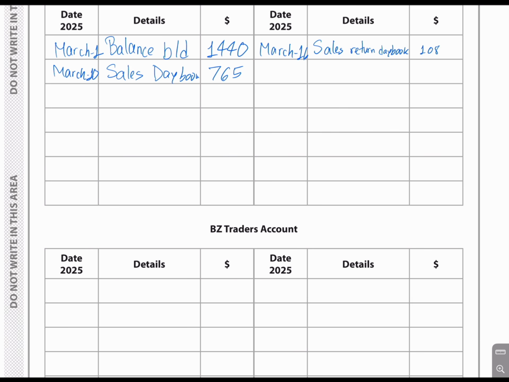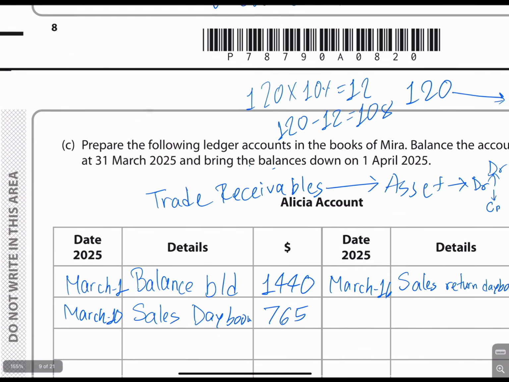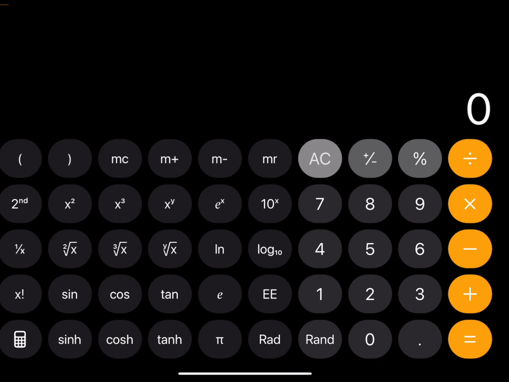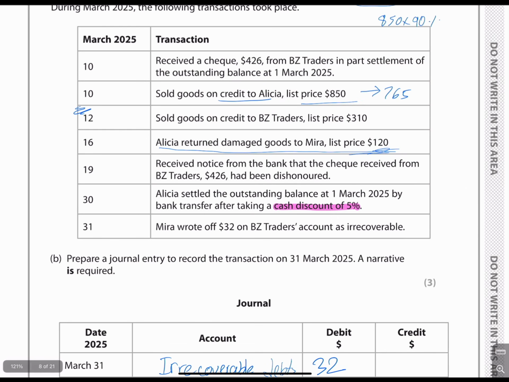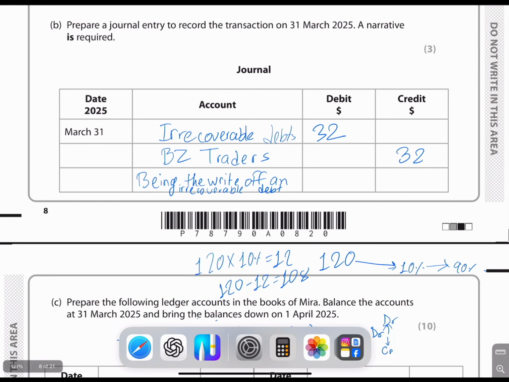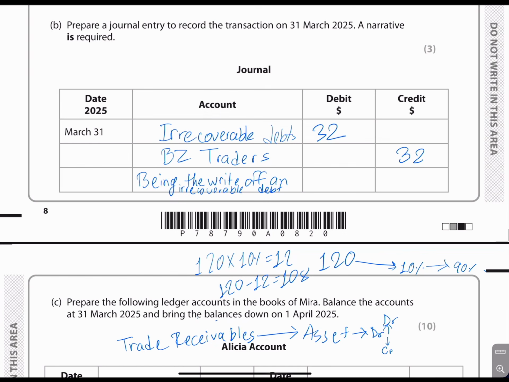Now how do we do this? If you deduct 5% from 1440, we have 95%. This is the amount that was paid. She has settled the outstanding balance by bank transfer. So how much have we received? We have received 1368, because customers would not pay without cutting the discount.